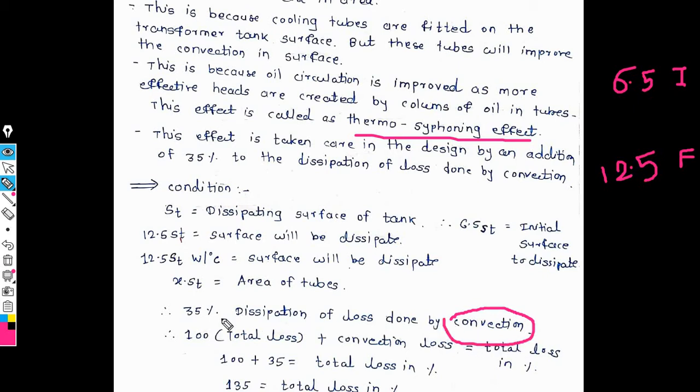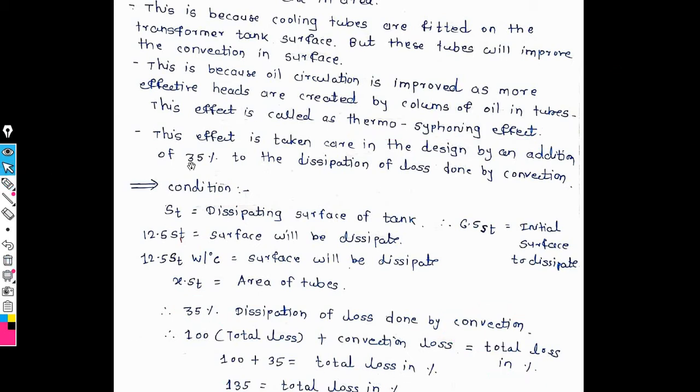That means 35% convection loss occurs in this thermosampling effect. Then calculate the total loss in percentage. It is 100 plus 35 is equal to the total loss in percentage.